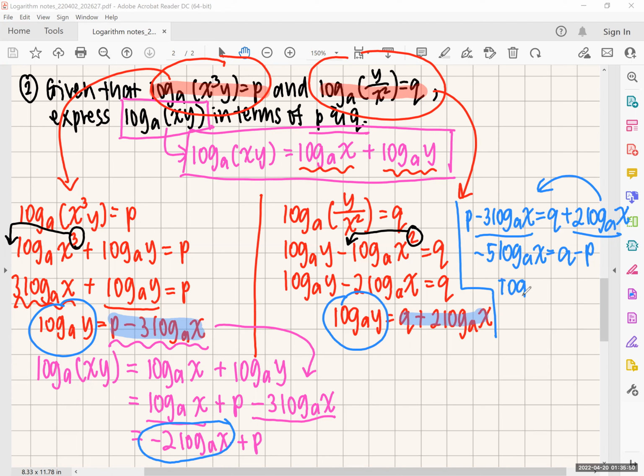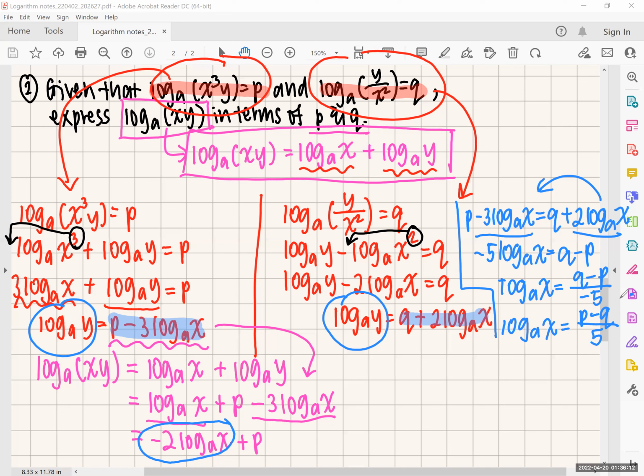So we have log AX is equal to Q minus P over negative 5, which is log AX is equal to, because I divided by negative 5 with the 1 on top, P minus Q over 5.